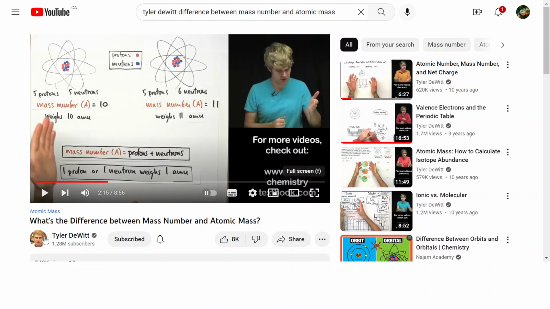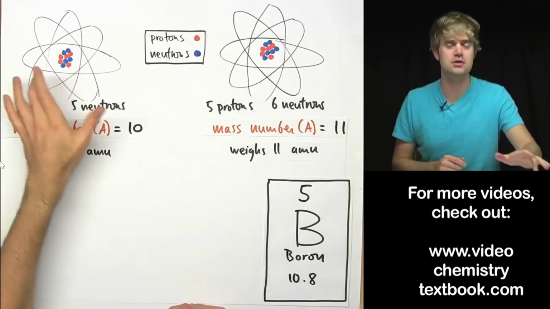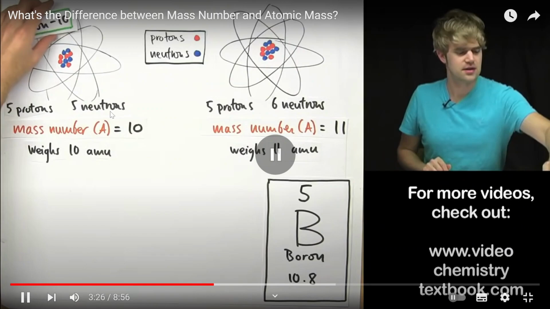They're different isotopes. An isotope is a word that just means a different version of an atom that has the same number of protons, but a different number of neutrons. We can give distinct names to these two isotopes or versions of boron. What would we call the boron on the left?